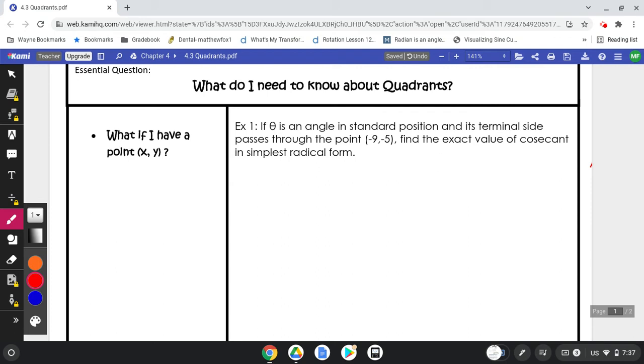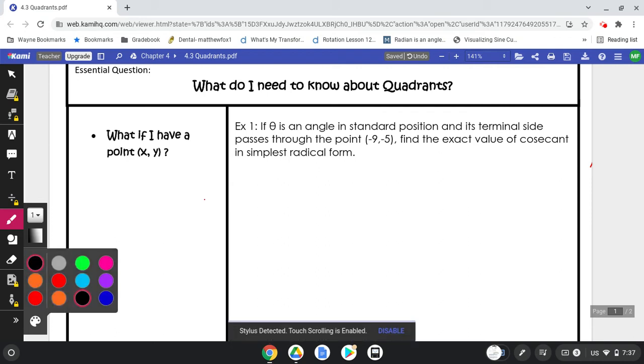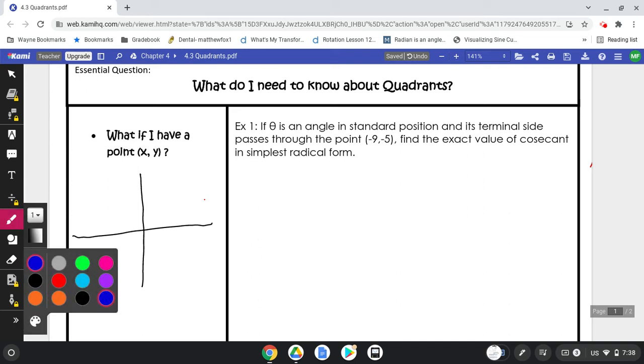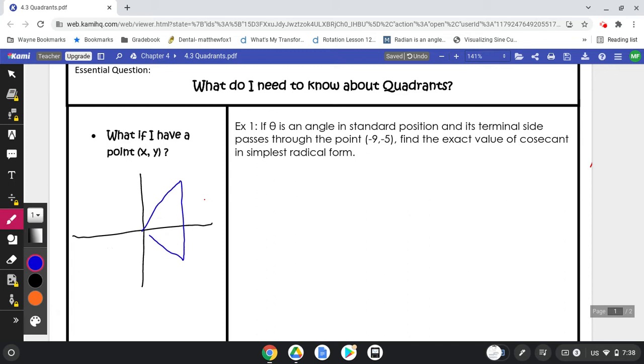So the first thing, if I have a point x, y. Keep in mind, yesterday we drew this picture, but if we have our y-axis and our x-axis, and somewhere along this, our point can be in one of these four quadrants. We don't know where the point is. It'll be in one of the four quadrants.